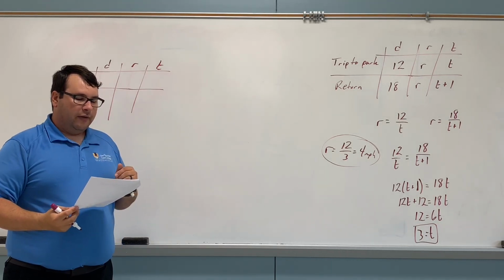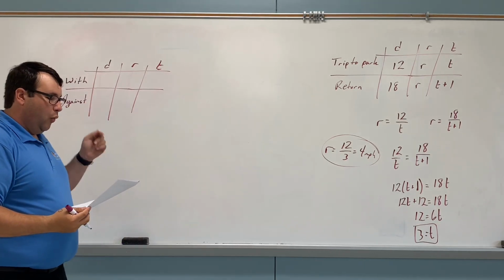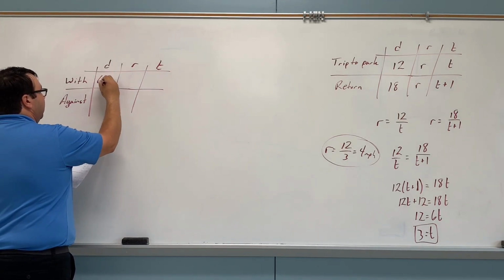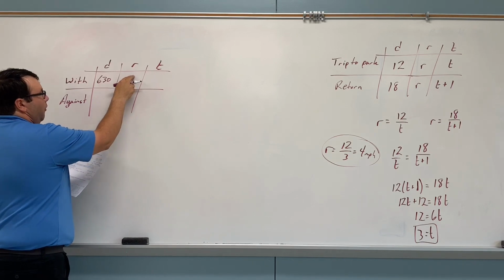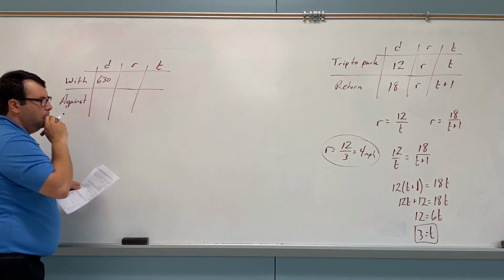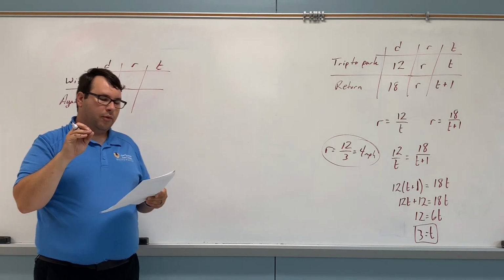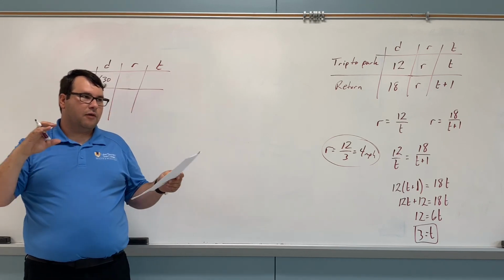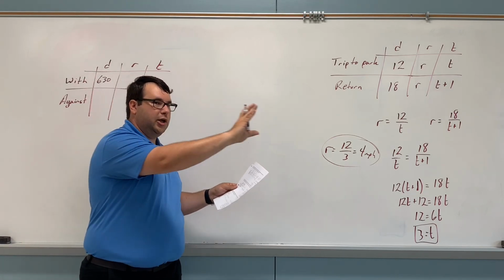It says a plane flies 630 miles with the tailwind of 35 miles per hour. So 630 miles now with the tailwind. If I say that the tailwind is 35 miles per hour, that is talking about wind that is pushing the plane.